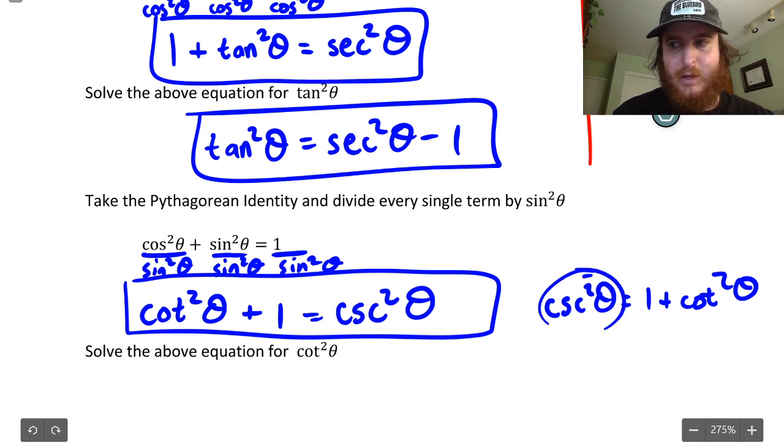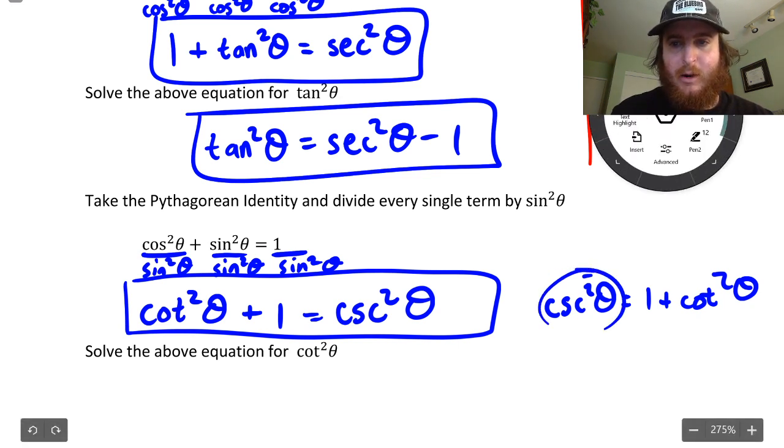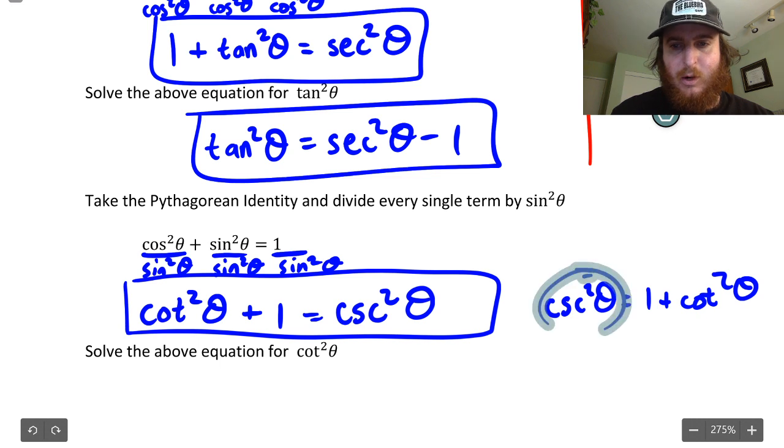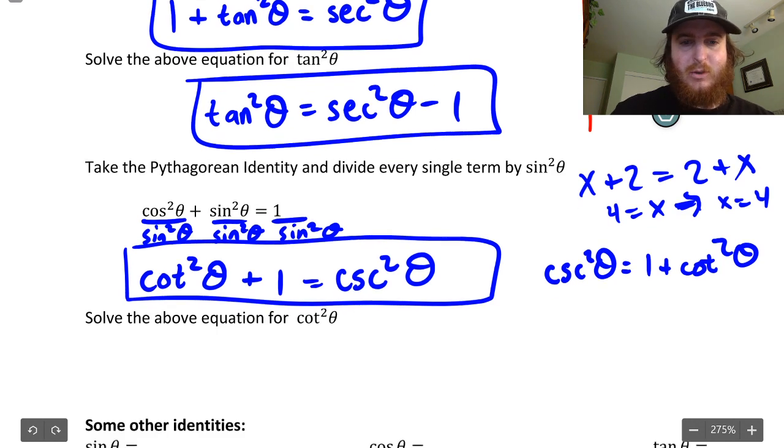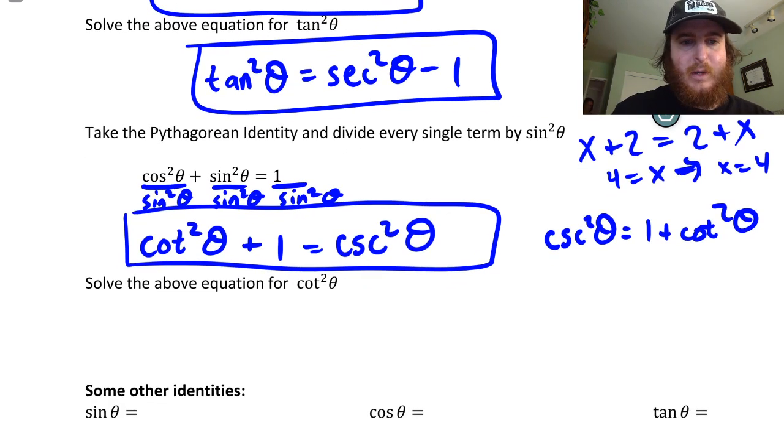That's okay, we're not changing it when we do that at all. So just make sure we're all right with that. It's kind of the concept that if you had x plus 2, it's the same as 2 plus x. Or if you have 4 equal to x, you could write that as x equals 4, a little bit cleaner. So don't worry about switching sides, right?